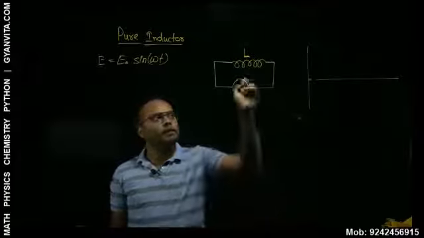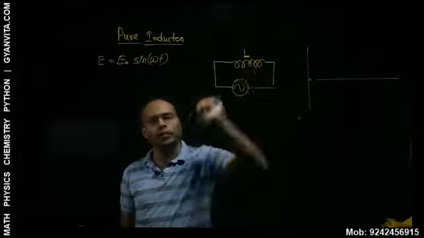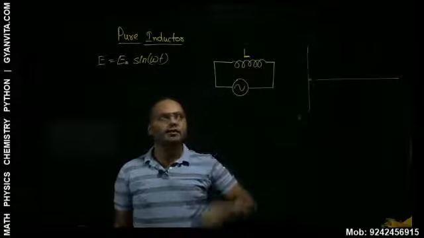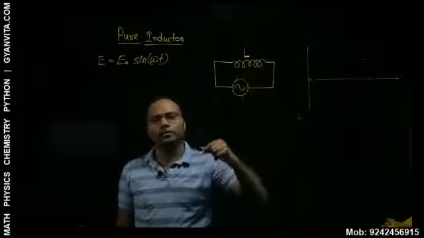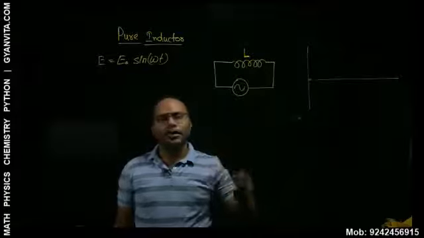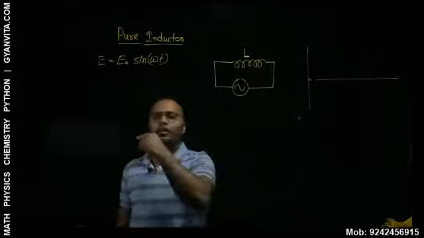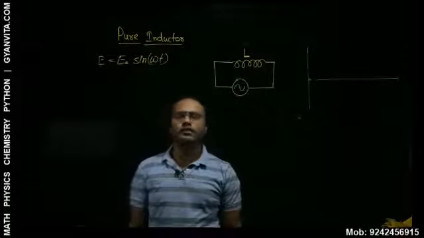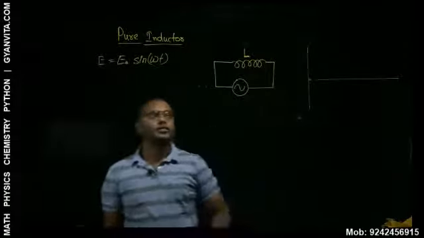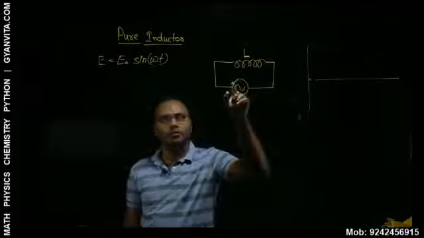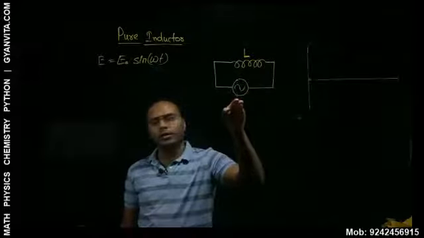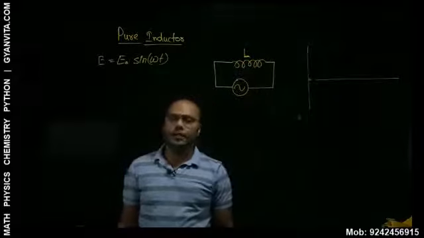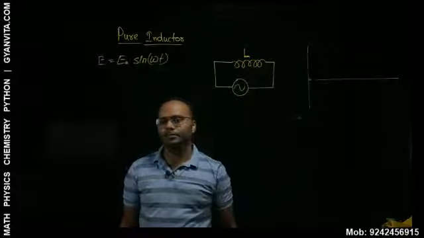And if the magnetic field generated in the coil changes, the magnetic flux will also change. And if the magnetic flux is changing in a coil, then there is an induced EMF in the opposite direction. That's what we have studied in self-induction, right? The same thing is going to happen here. Due to this alternating current, there will be an induced EMF in the opposite direction, which we have already studied.